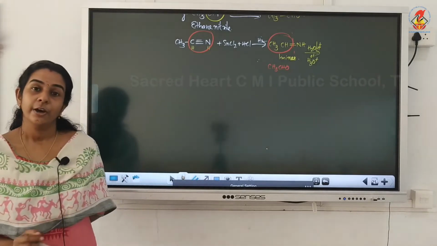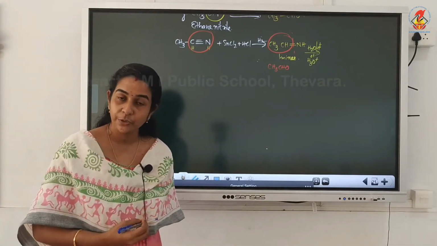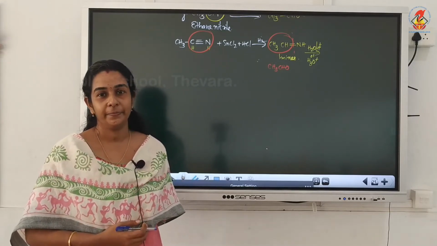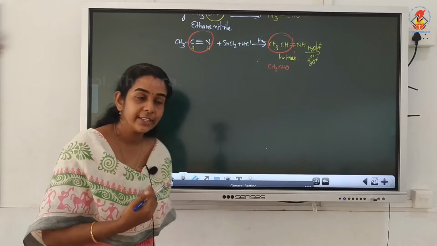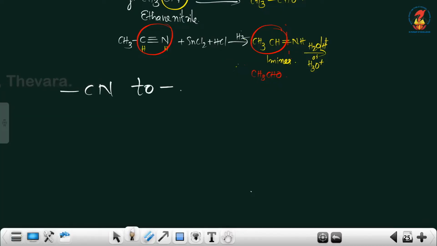Now there is one more reagent that we can use for the conversion of cyanides or nitriles to aldehyde, that is, for the conversion of CN to CHO. And the reagent is dibal-H.